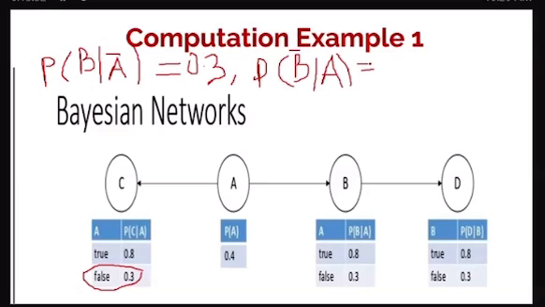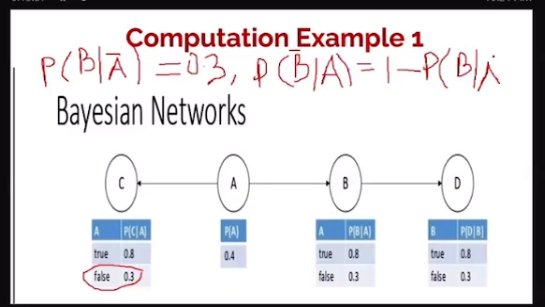Do you know that if I want to use the law of complement, the probability of B complement equals 1 minus the probability of B? If I want to condition that on A, this is going to be the same as 1 minus the probability of B given A.